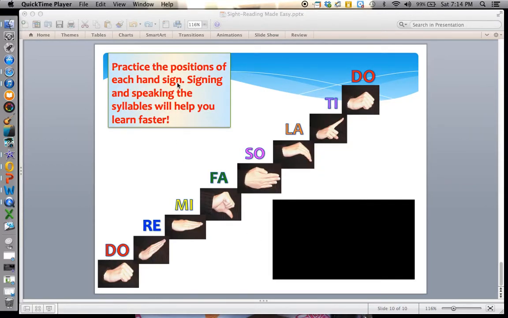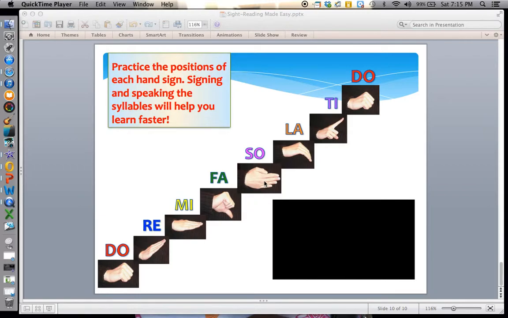So let's practice each hand sign. Signing and speaking the syllables will help you learn faster. Here's do, a hand clenched fist. Re, the hand is slightly tilted upward. Mi, the hand is at a level horizontal line. Fa, the thumb is down, like giving the "too bad" sign.